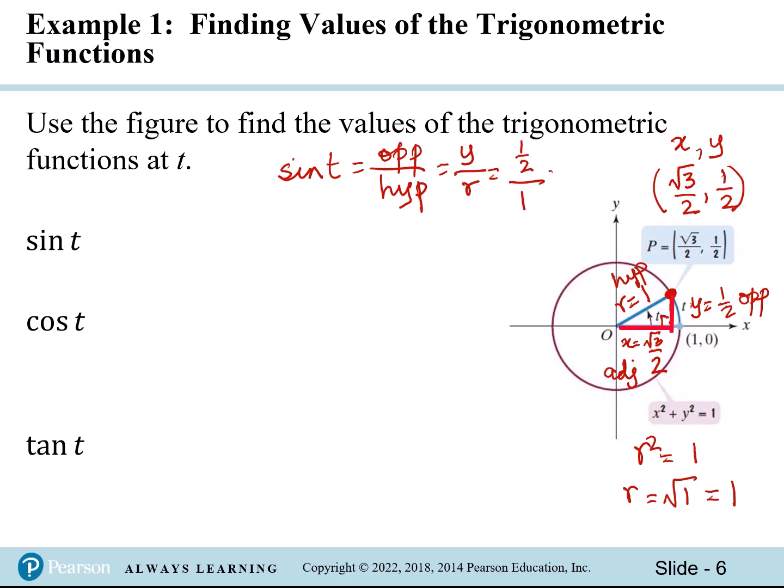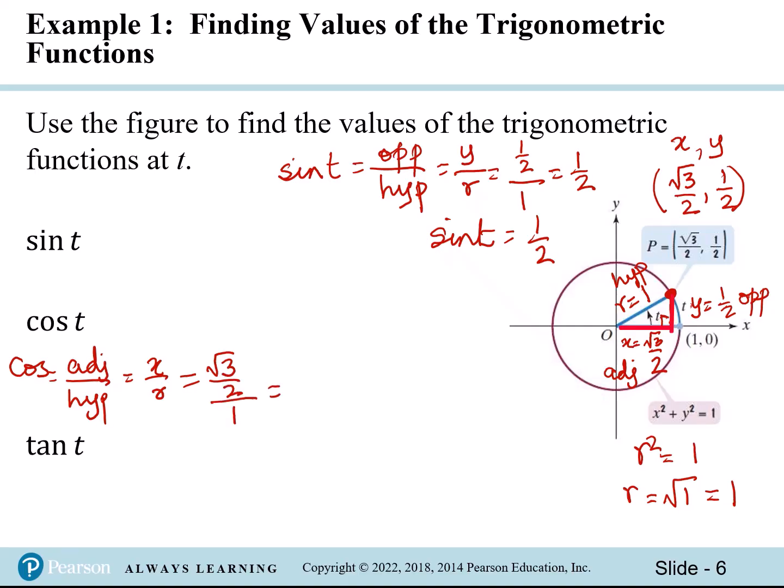Therefore, sine of t is equal to 1/2. The next one is cosine of t. Cos is defined as adjacent over hypotenuse. Now, adjacent side is x. So let's write it as x divided by r, and x has a value of square root of 3 divided by 2, and r is 1. Therefore, cosine of t is square root of 3 divided by 2.